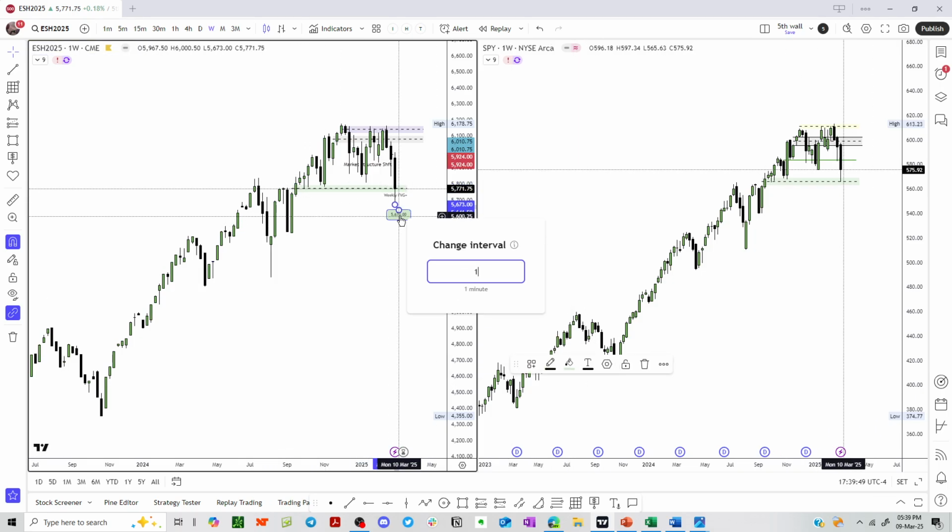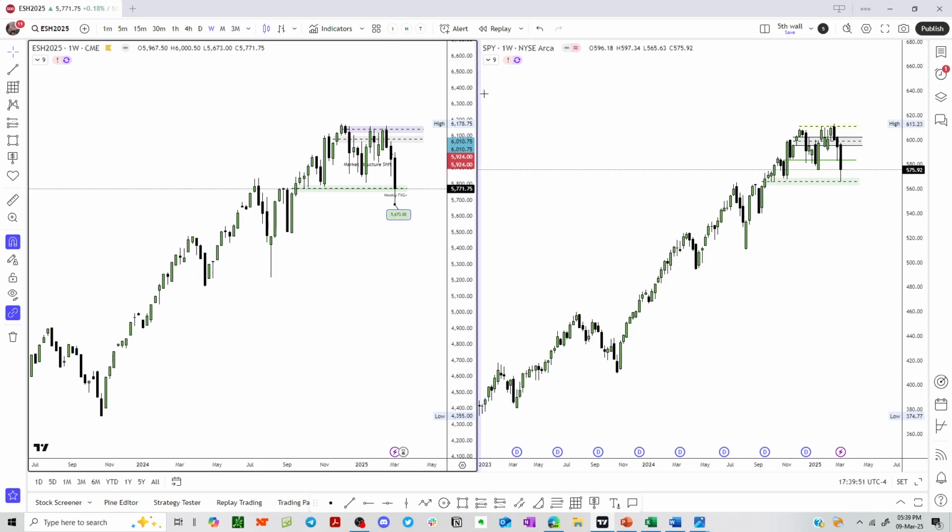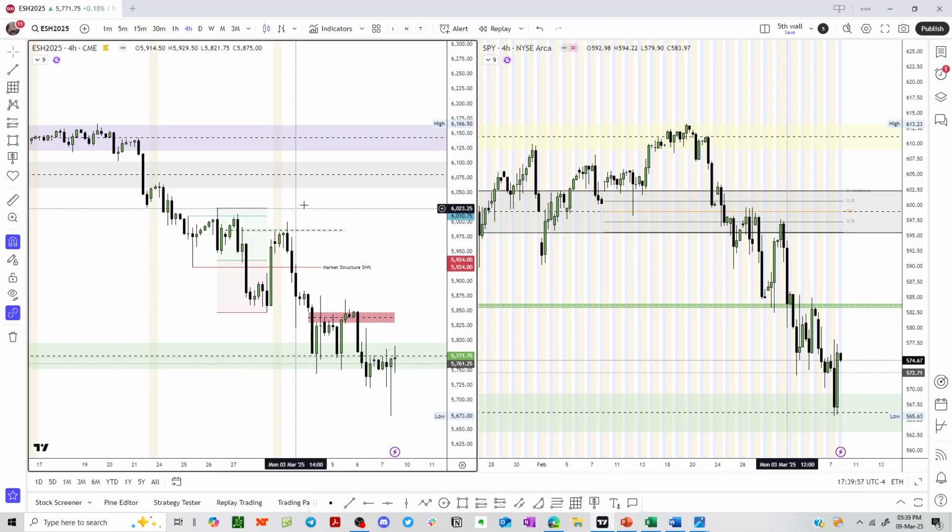Get rid of that. Go back down to 4 hour. And you see this is this level. You have this order block here, traded into it here, drop back into this imbalance.